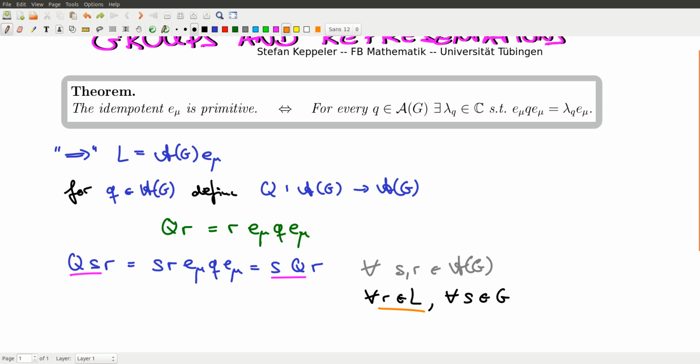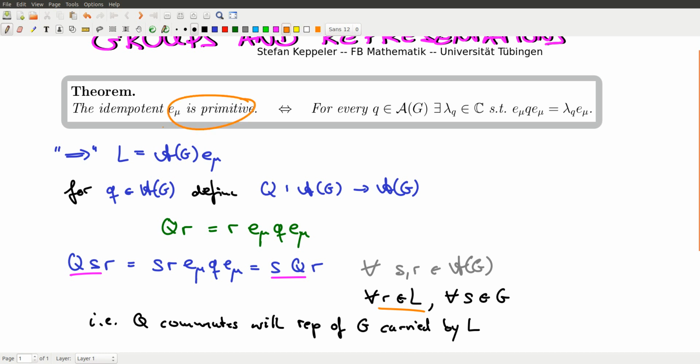But now this representation commutes with the Q. So let's write this down. So this means Q commutes with the representation of G carried by L.